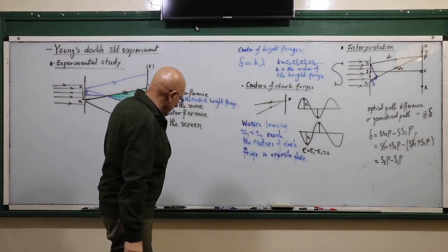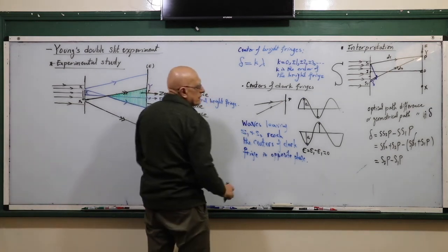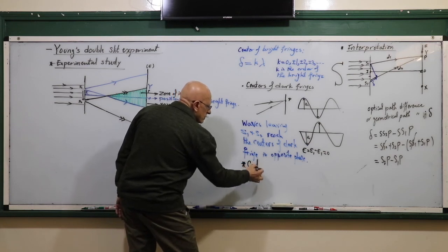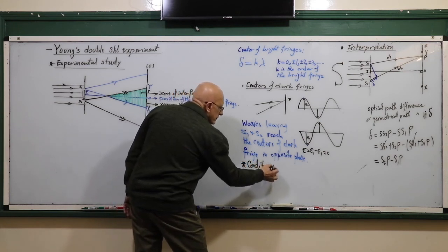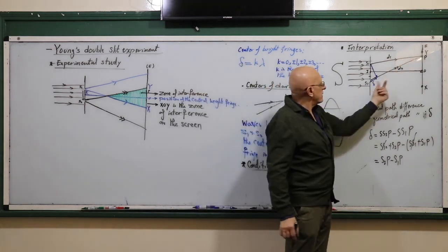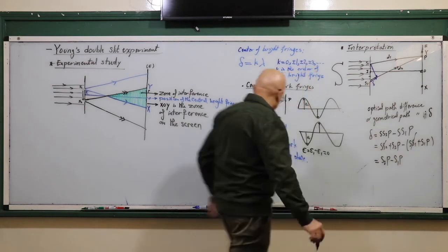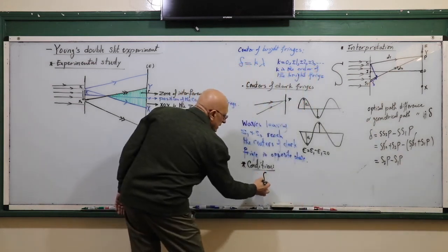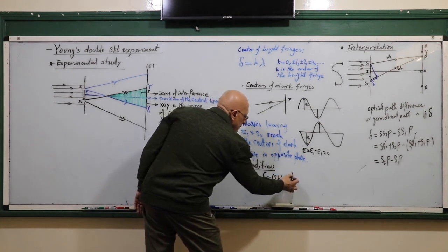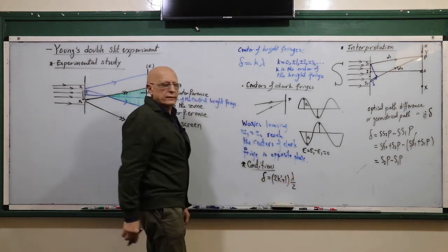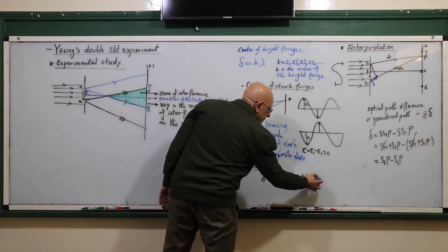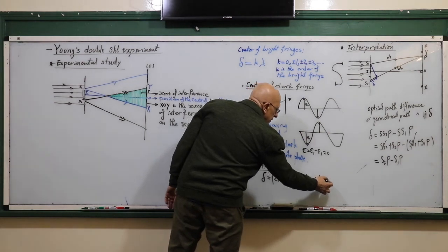Now, what is the condition here? Condition to obtain the center of the dark fringe. This delta, phase difference delta, must be equal odd number of half wavelengths. Okay? Also here, k prime equals 0 plus minus 1 plus minus 2.